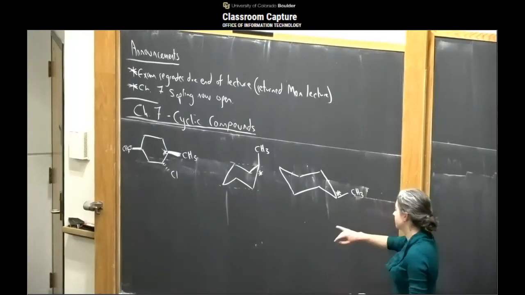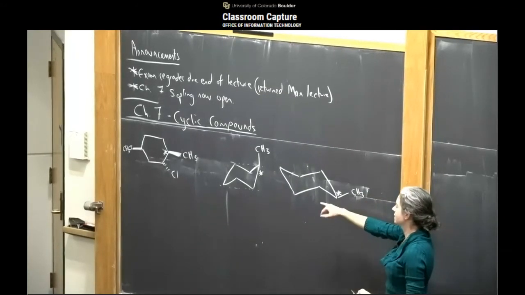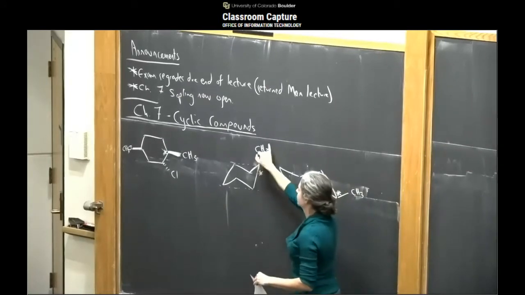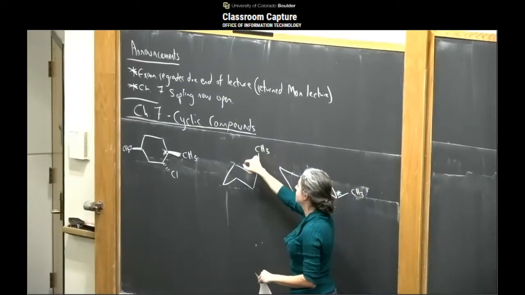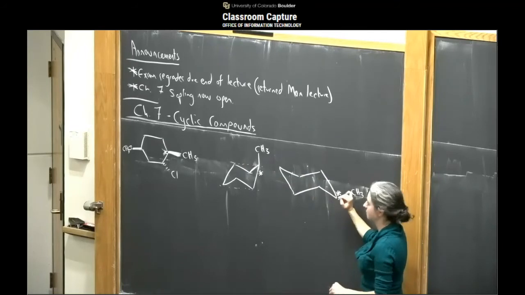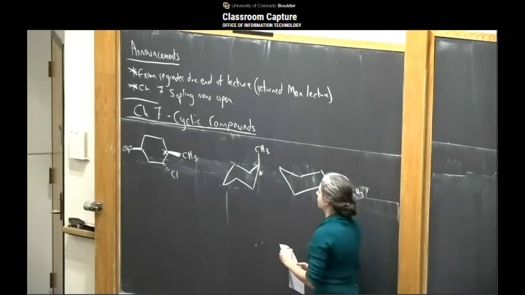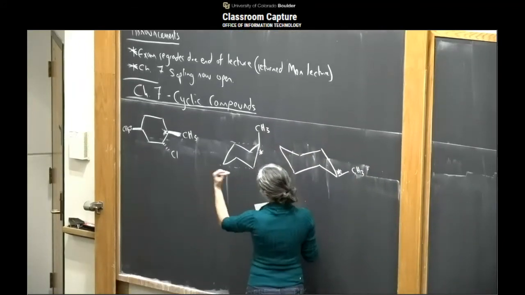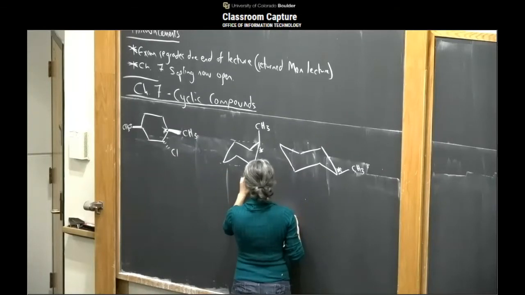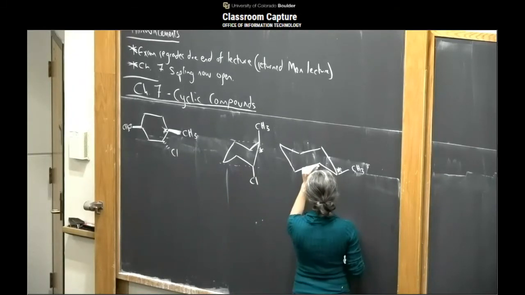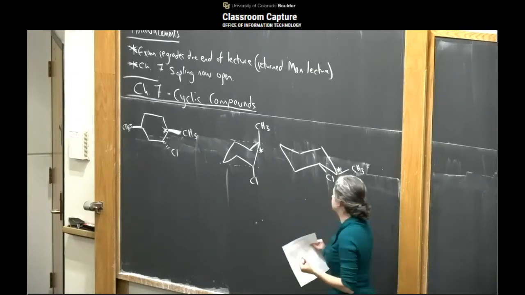All right, so flipping between the 2 chair forms doesn't change which substituent groups are up or down. Like methyl starts up and it stays up the whole time. It's just toggling axial and equatorial. Next one, chlorine is down, which happens to be down axial there and down equatorial there.